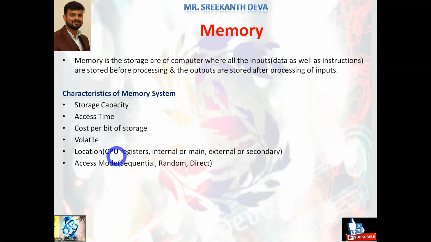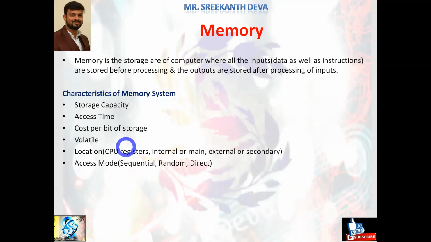Next, location. This characteristic deals with the location, external or internal, of the memory device in the computer system. There are different possible locations, like the CPU, often in the form of CPU registers and a small amount of cache.